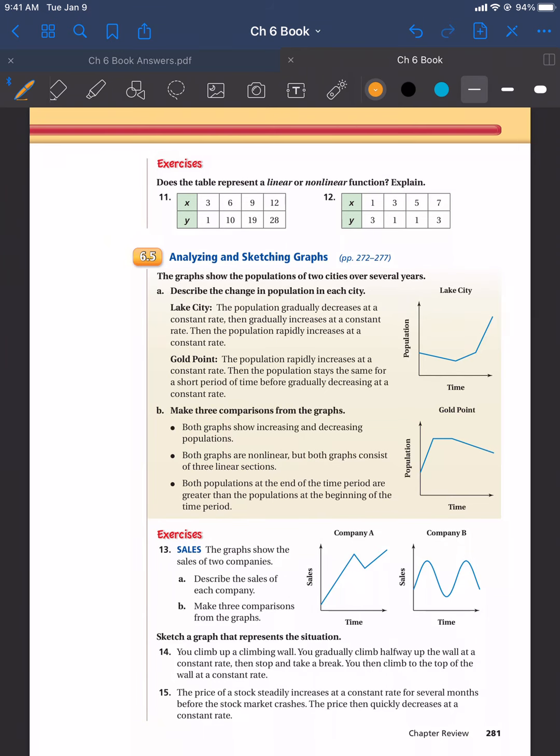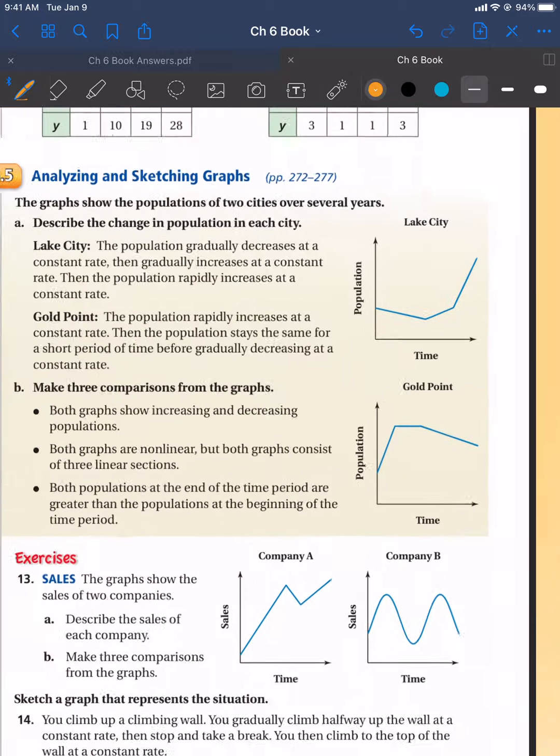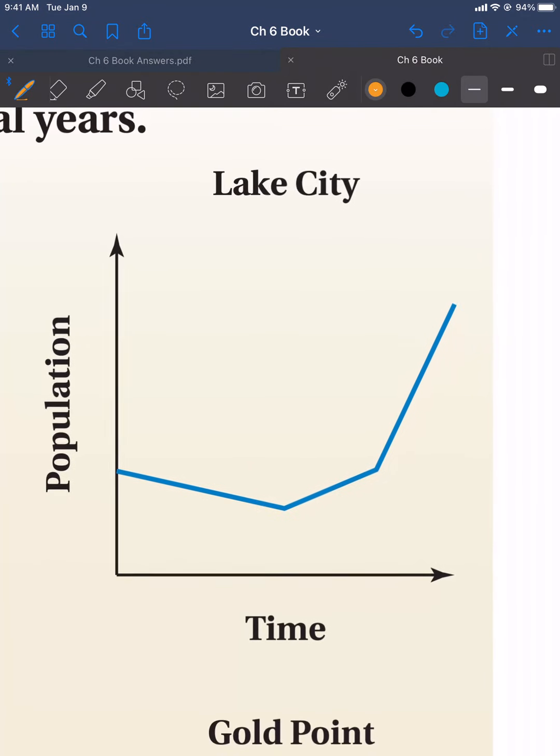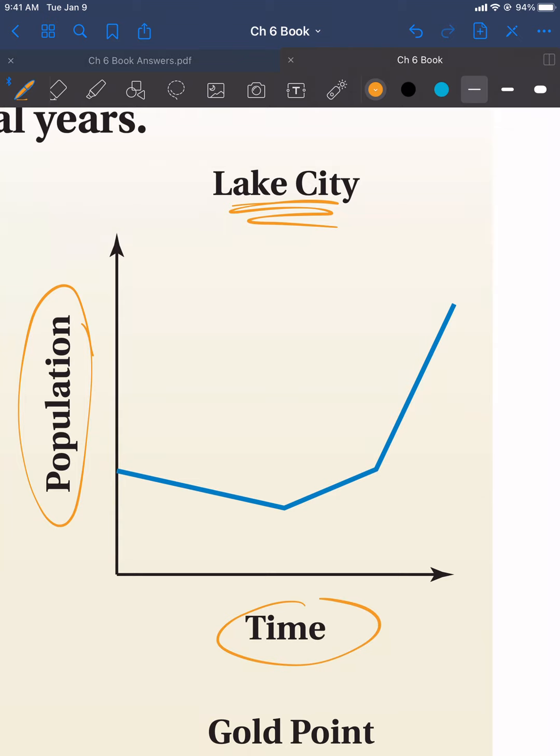What I mean by that is, let's say it says, compare the two sets of data: the population versus the time of Lake City. If you say, population goes up over time, I'm not going to give you your points, because does population go up over time? This graph is saying that there's some crazy stuff going on, right? How many segments are a part of this graph?